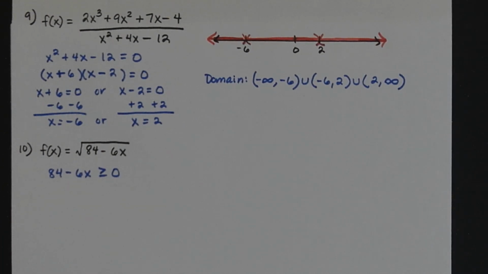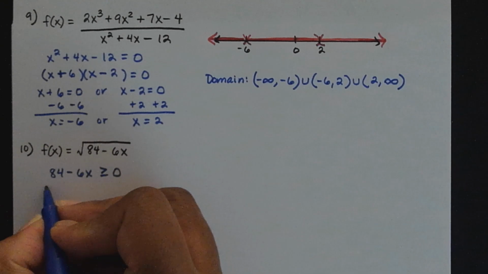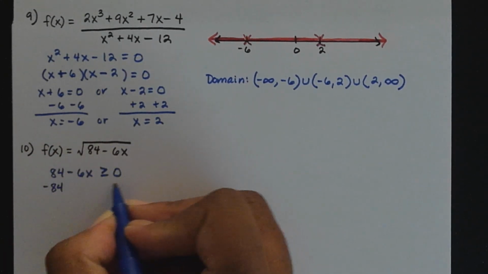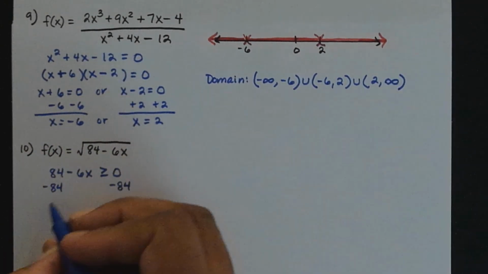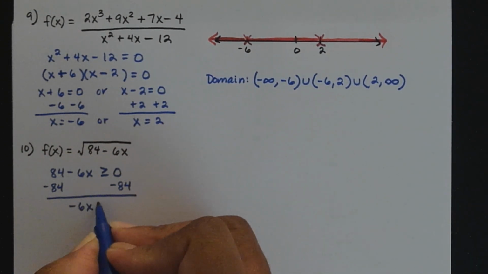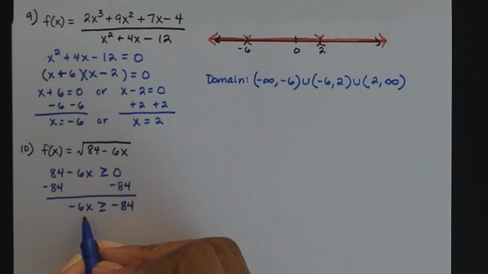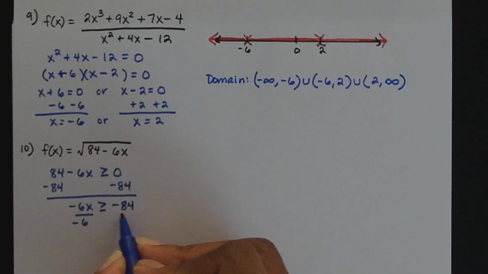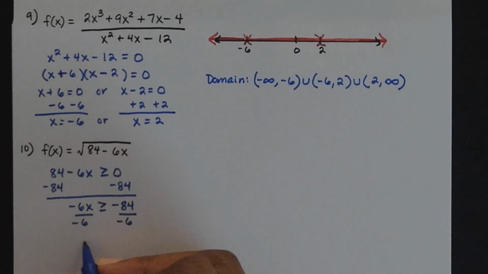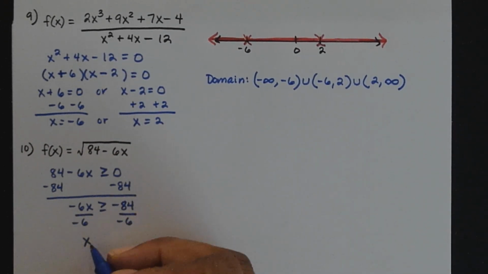Now I need to get x by itself. So let's move that 84 over to the other side by subtracting 84 on both sides. So this would be negative 6x is greater than or equal to negative 84. Now, if I divide both sides of this inequality by 6, what's going to happen to that greater than or equal to symbol?